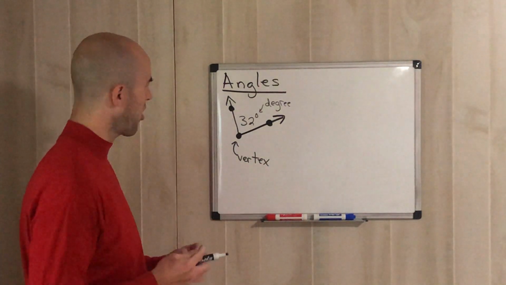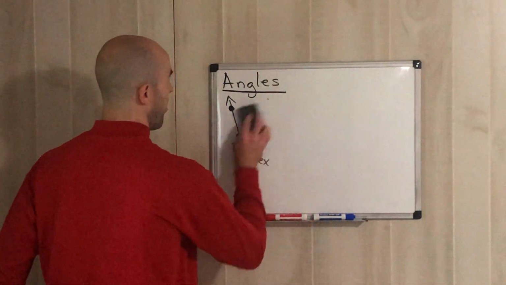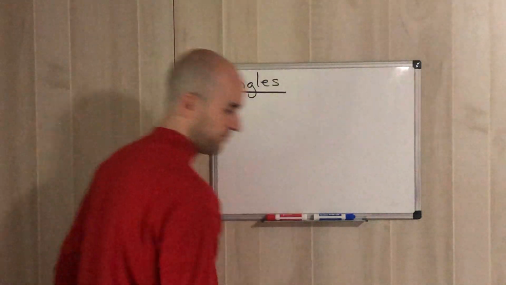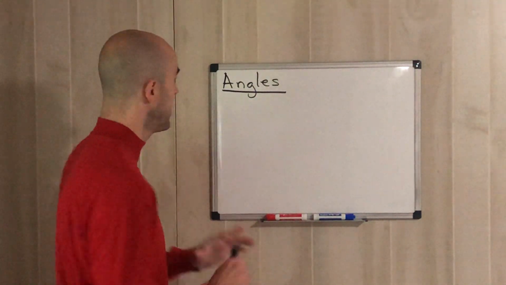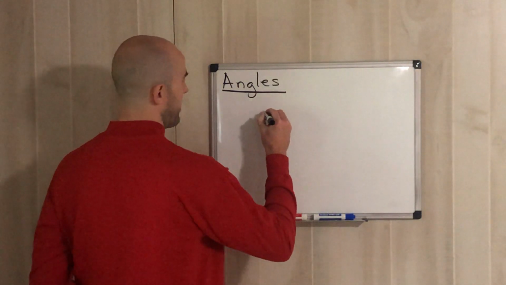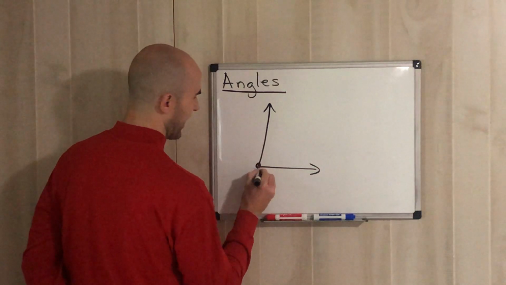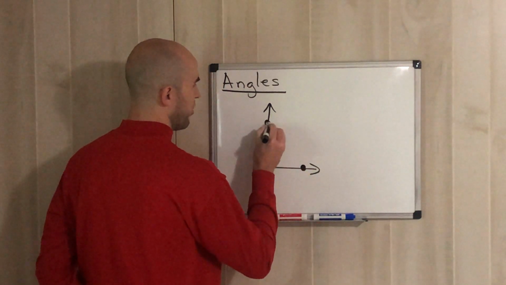Before we actually start working with angles, I want you to know that when we're dealing with angles, it is important to be able to name them. Just like everything else, whether you're talking about segments, lines, or rays, you need to be able to label them. So we have an angle right here. It's got a vertex, a point right there, and another point right there.